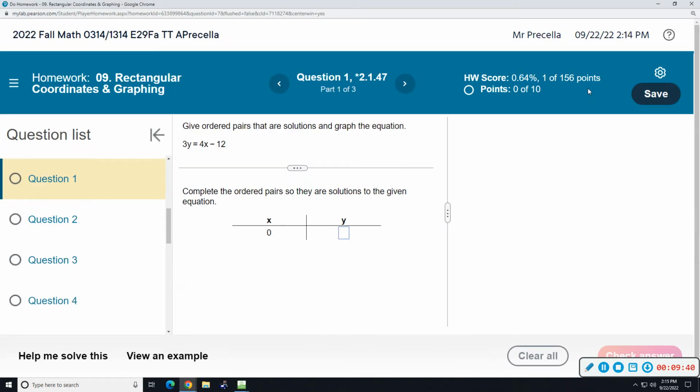It says to give ordered pairs that are solutions to the equation and then graph the equation. We have the equation 3y is equal to 4x minus 12.